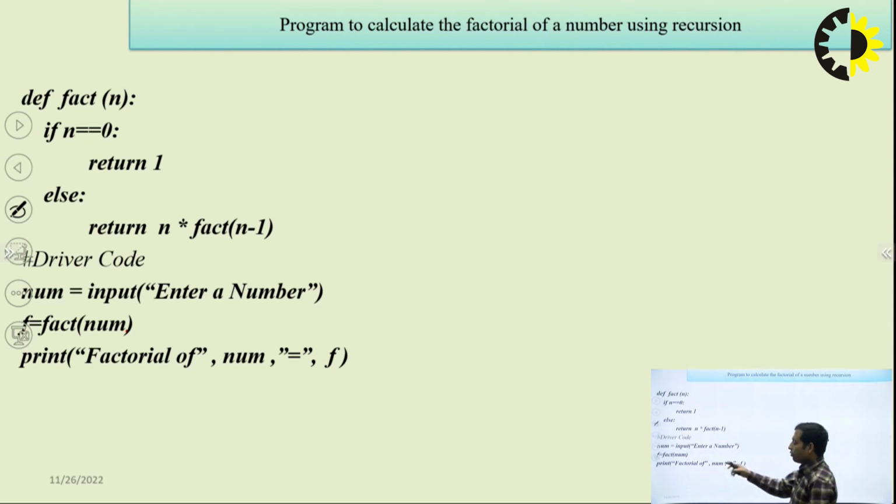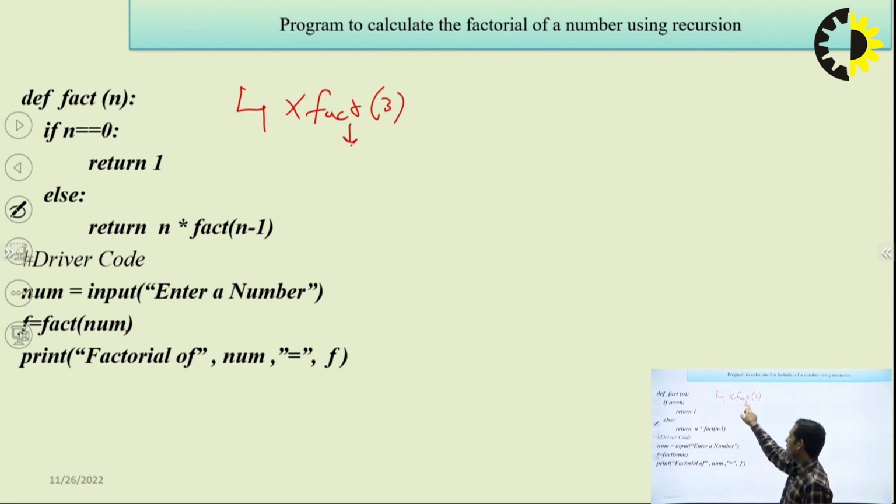After calculation, we pass an n value, let's guess a simple value, that is 4. Then it checks whether n is 0, true or false. This is false, so control goes to the else part, which returns 4 into fact of 3.